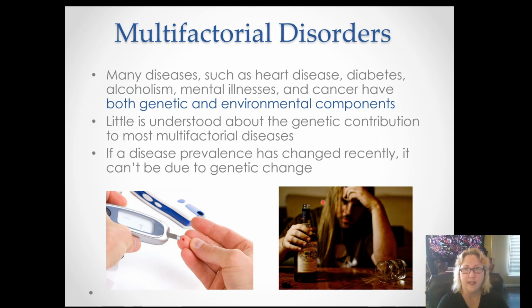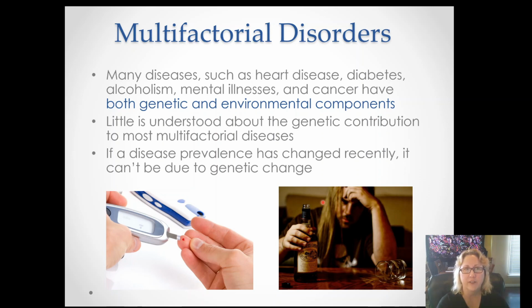If the condition that we're talking about, the trait that we're talking about, is a disease or a disorder, then we would call that multifactorial. And many of the current diseases of concern, things that are the so-called diseases of civilization, are such multifactorial conditions like heart disease, diabetes, alcoholism, mental illnesses like schizophrenia, and cancers have both a genetic component and an environmental component.